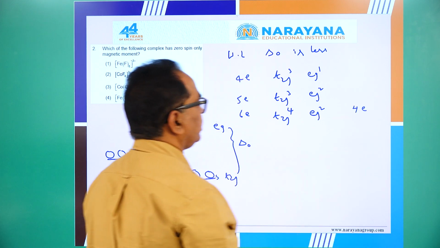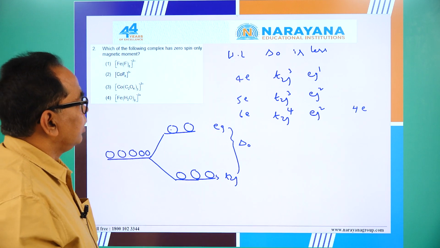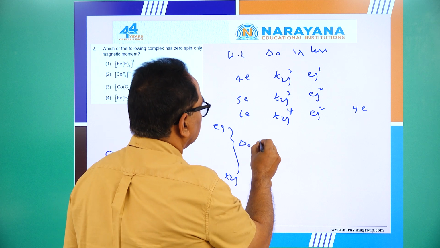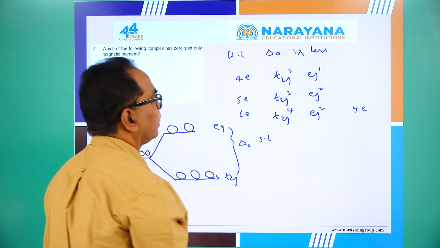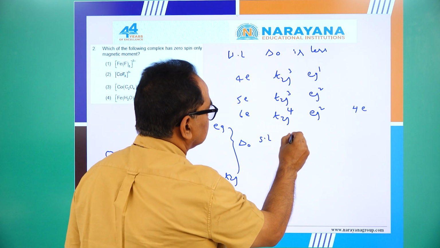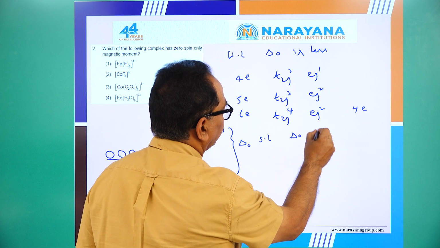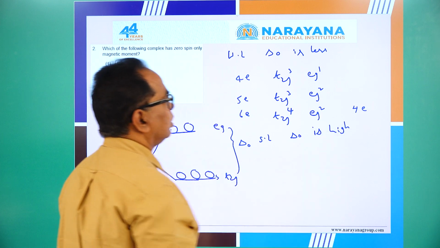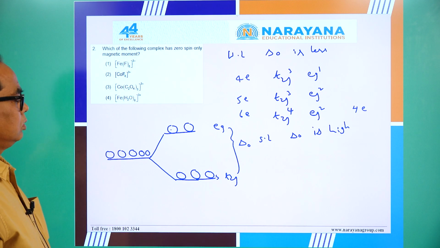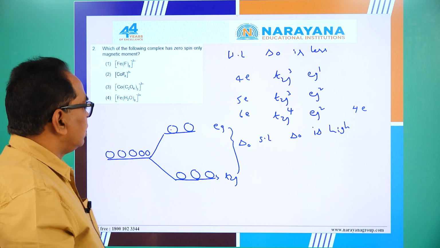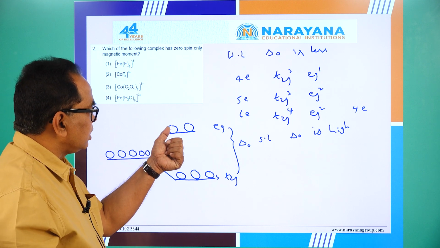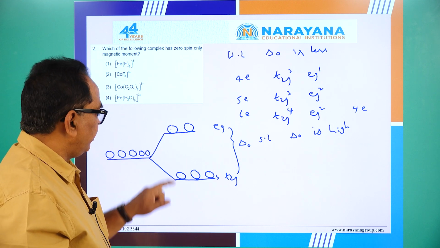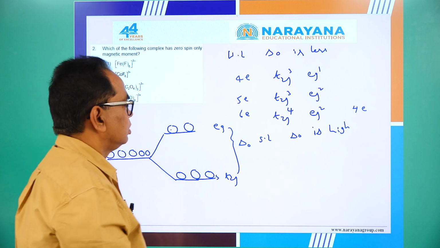If ligands are strong, delta O is high. Therefore the fourth electron, rather than entering the eg orbital, will pair up with the first electron.